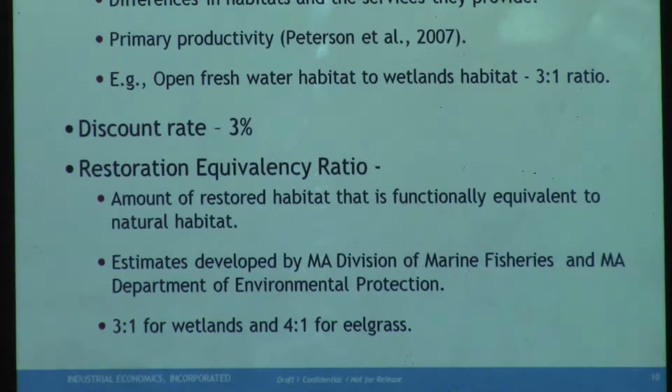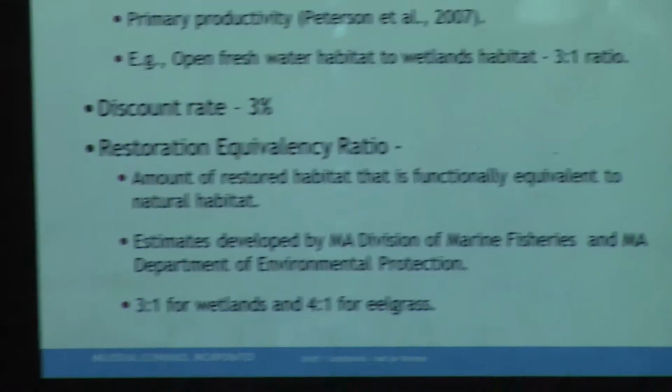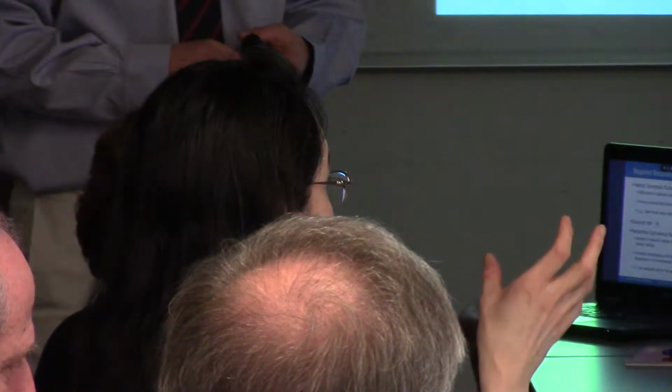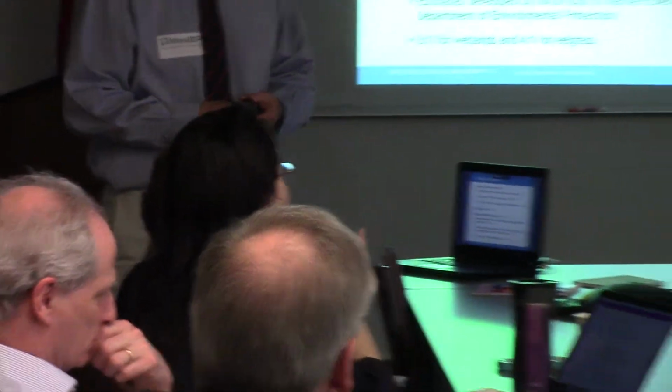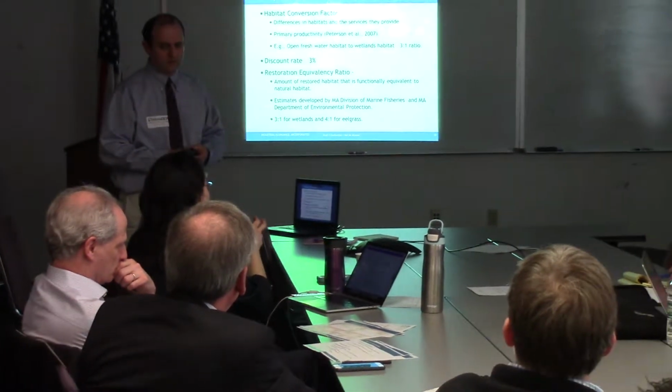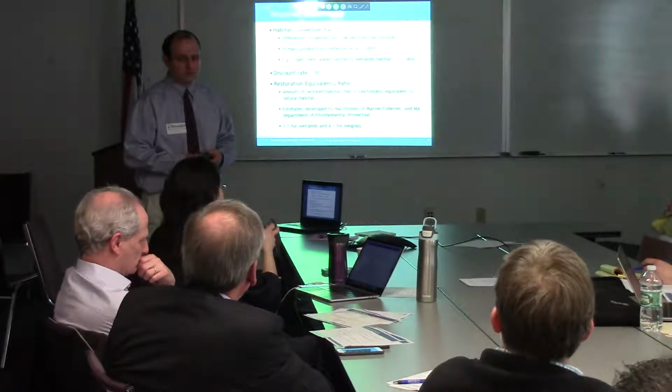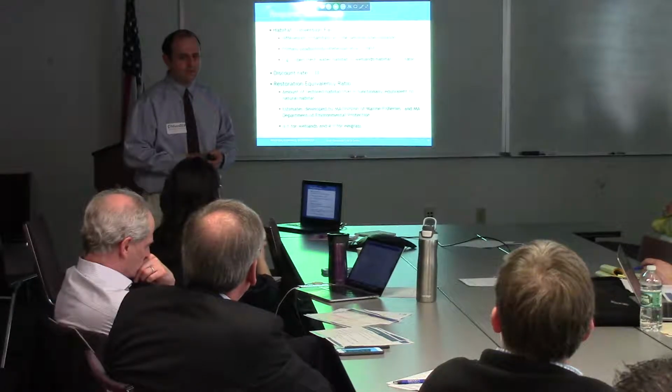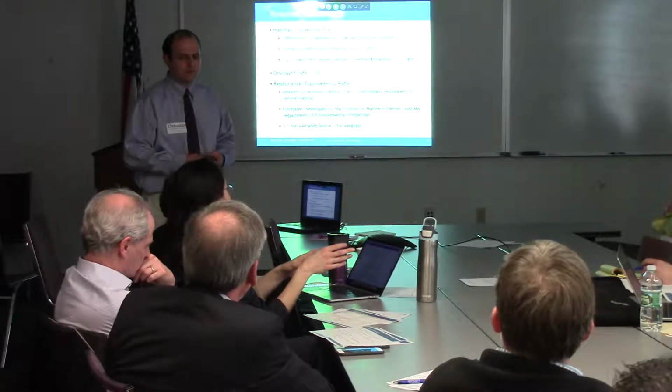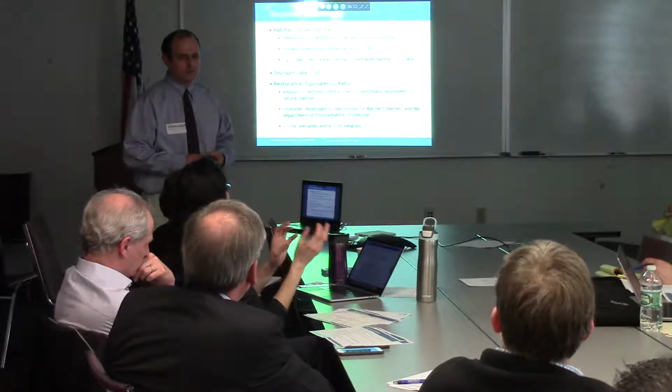I want to make sure I understand something. In my mind, there are two important pieces: one is the amount of dollars that get charged, for lack of a better term, to the offending party, and then the project that gets done in recovery.